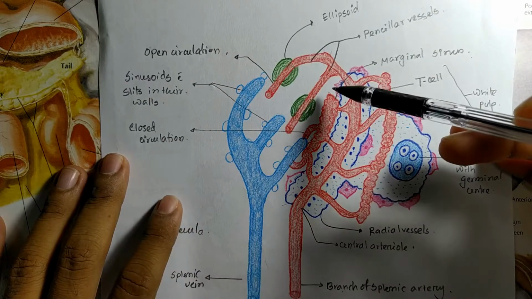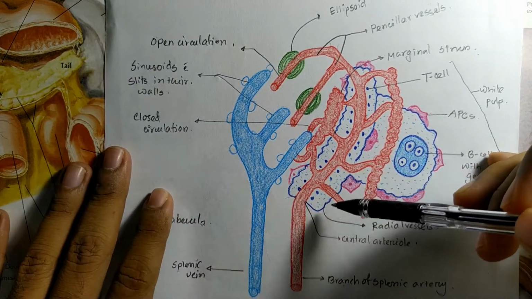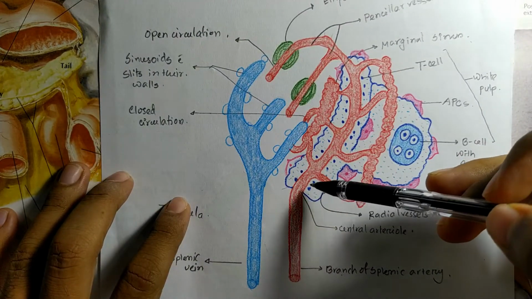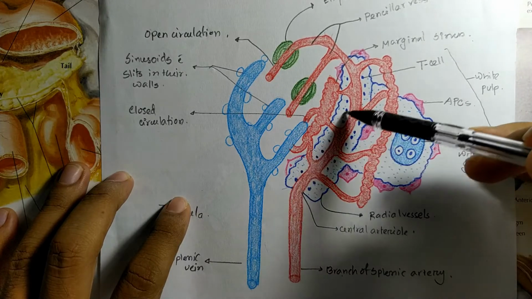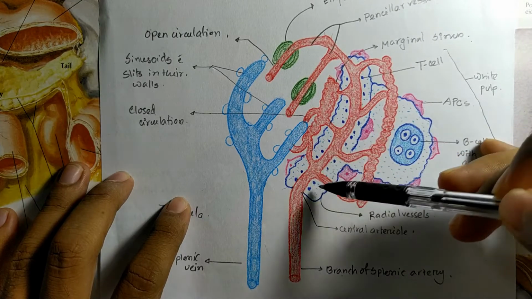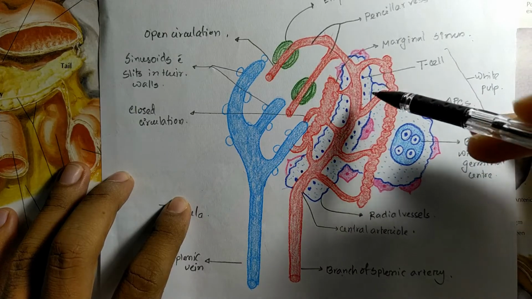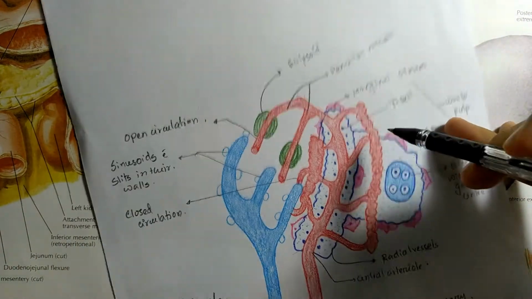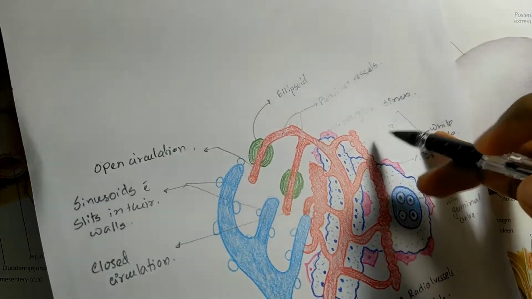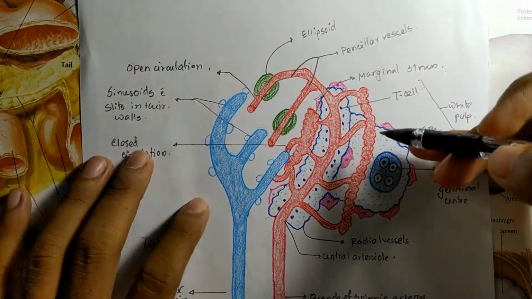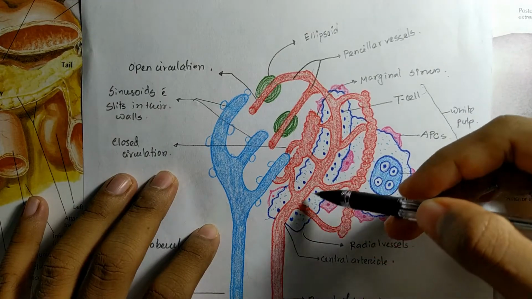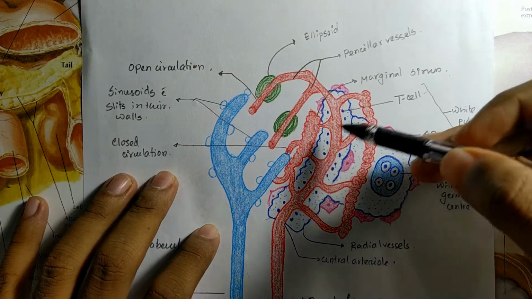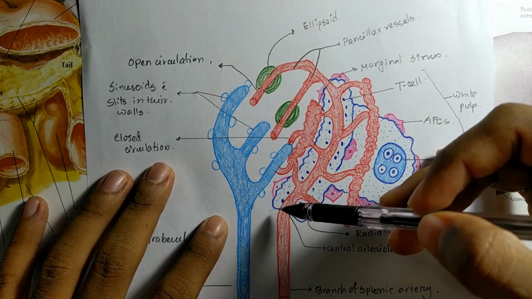Okay, and you can see surrounding the artery there are bluish-white areas, containing some blood cells. There are some cells in the bluish area that surrounds the arterioles.